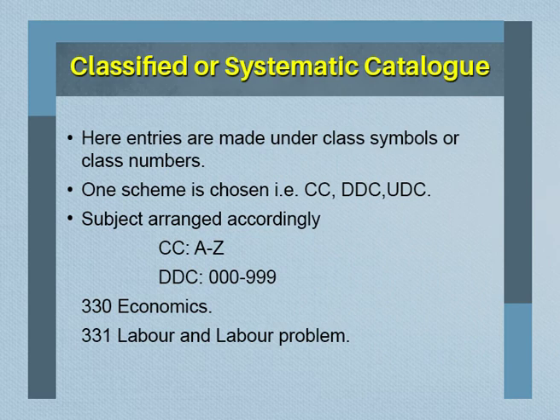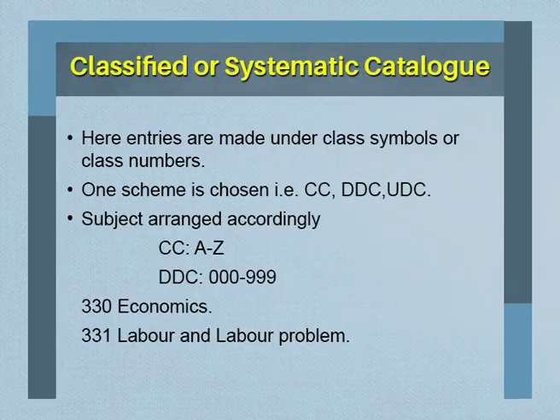For example, in Colon Classification, the structure of the schedule is arranged in such a way that every alphabet has one basic subject, like A general, Z law, B mathematics, C physics, D engineering, and so on. The books related to a particular subject, maybe physics, will have sub-groupings within that, and all those will be arranged here. Again the DDC scheme, the Dewey Decimal Classification, groups all the subjects under 000 to 999.